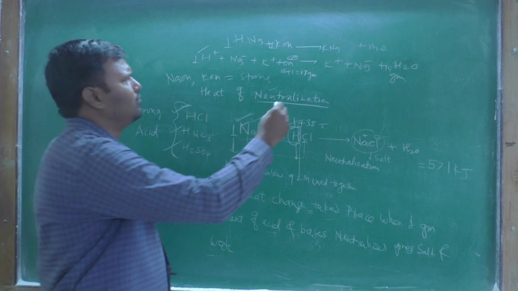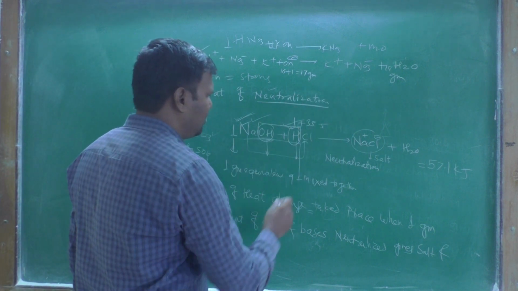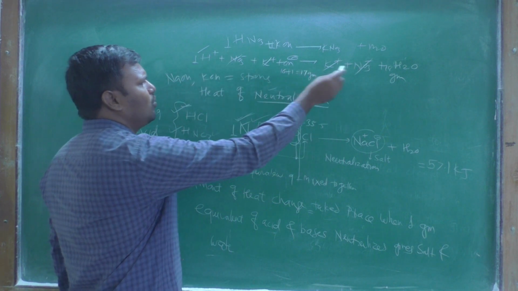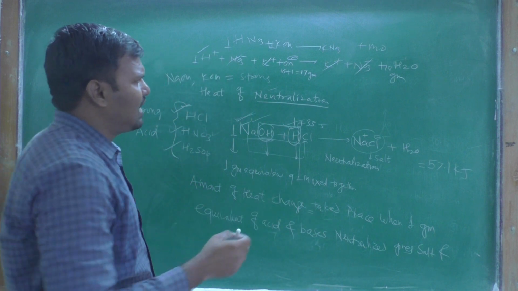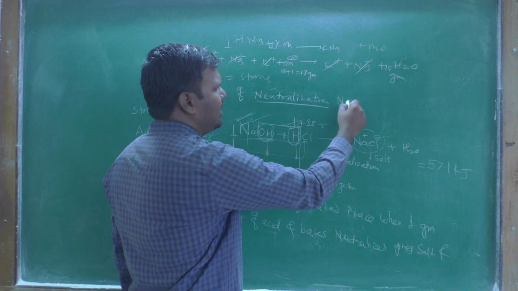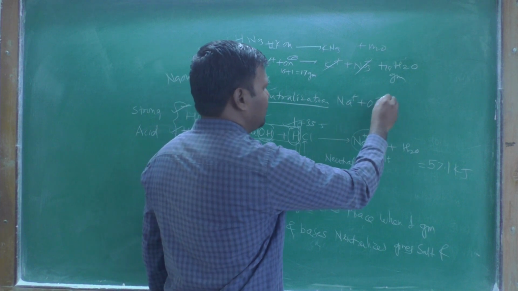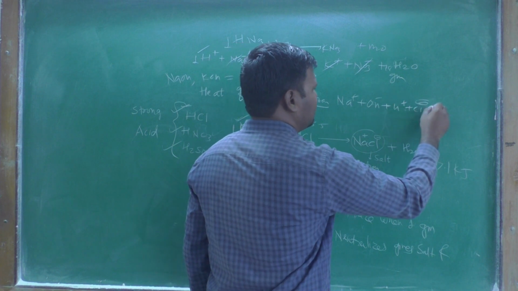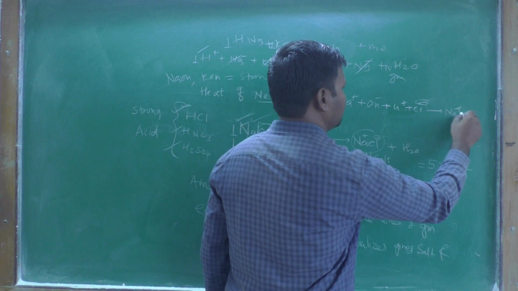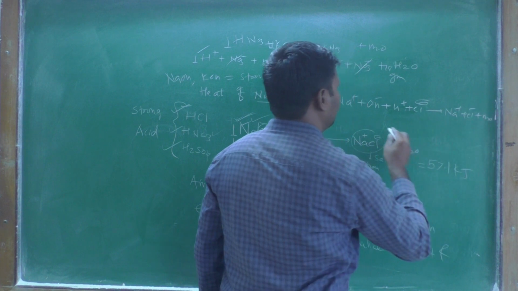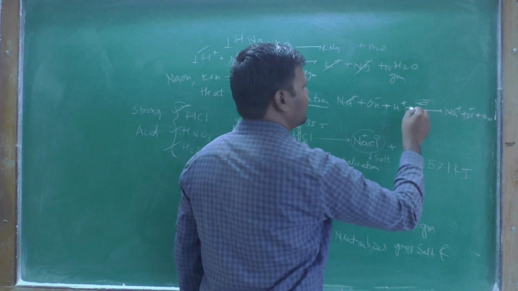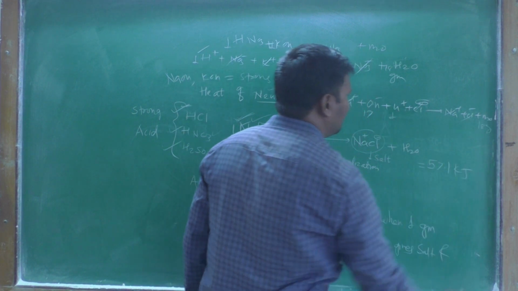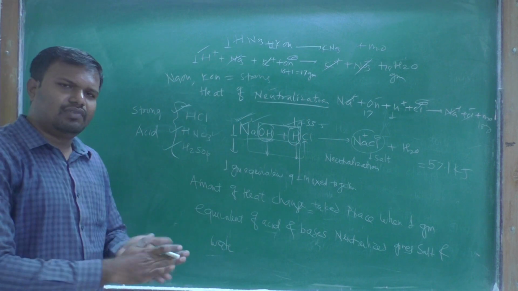Similarly with HCl plus NaOH, Na plus and Cl minus cancel, leaving H and OH giving H2O.